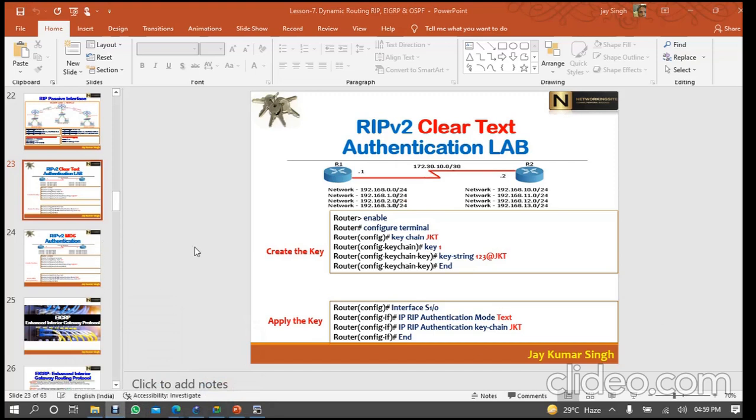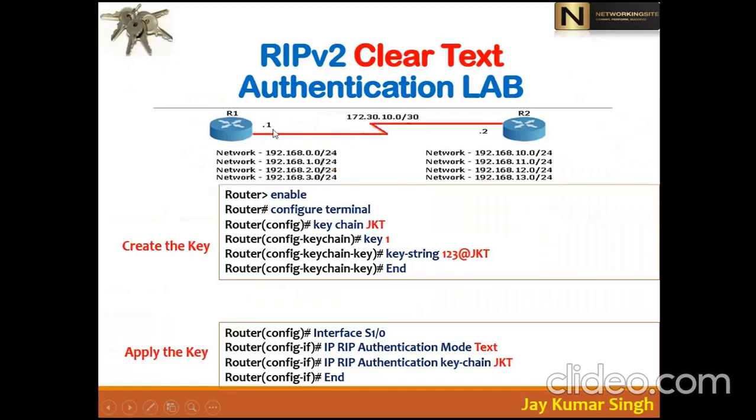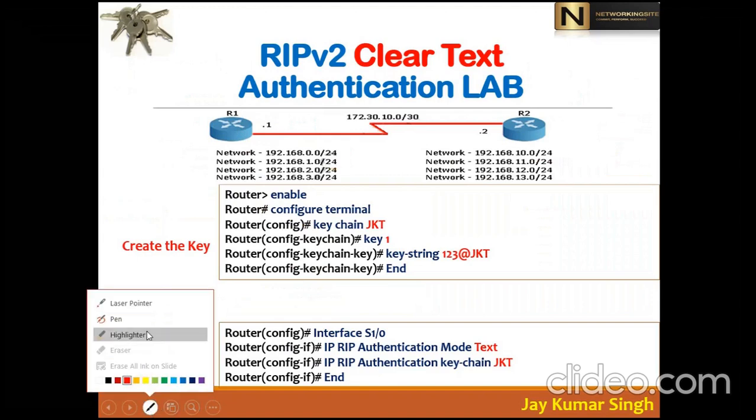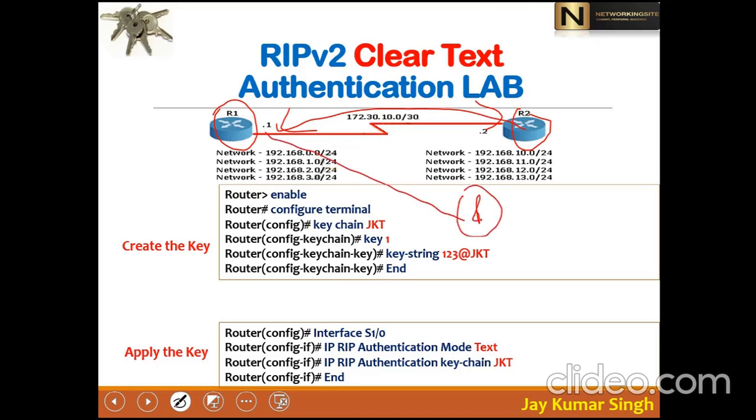Let me explain RIP authentication again. When you have two neighbors and configure RIP, they automatically become neighbors. But when your router is connected to multiple segments with multiple neighbors, if there is a hacker router that also configures RIP, this hacker will also become your neighbor.